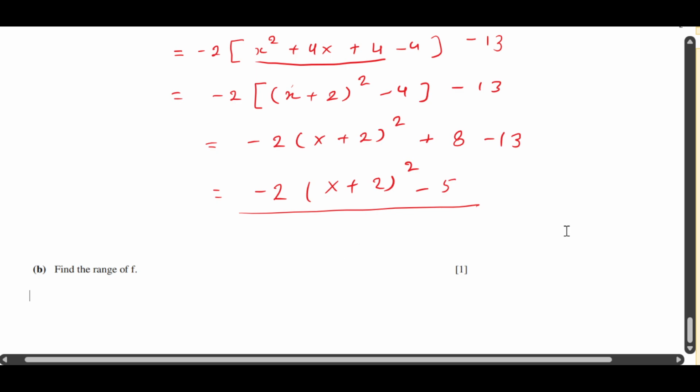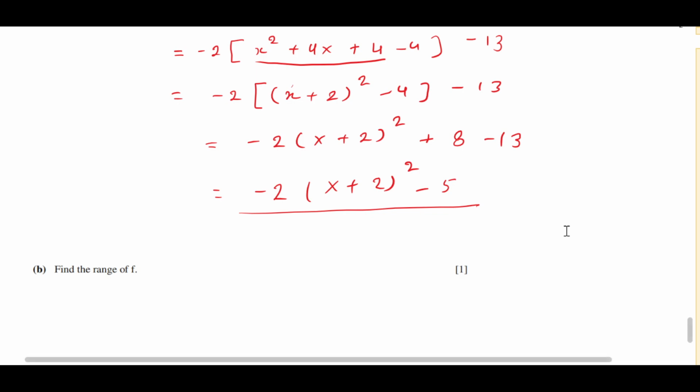Now what do you understand by range? There are two things, one is domain and one is range. Domain of the function and range of the function. Range is y values, domain is x values.